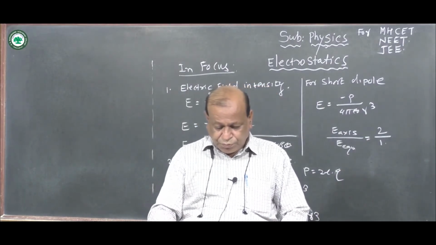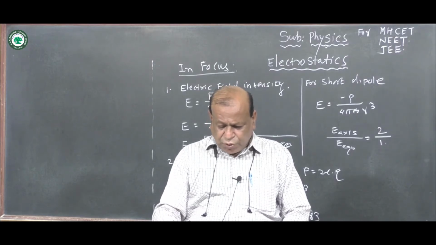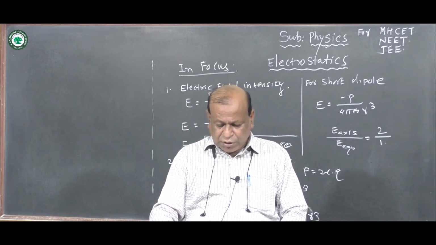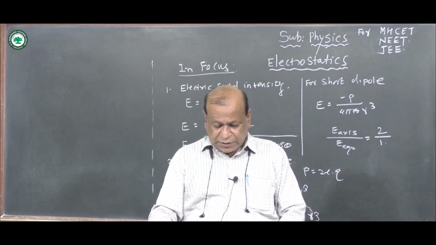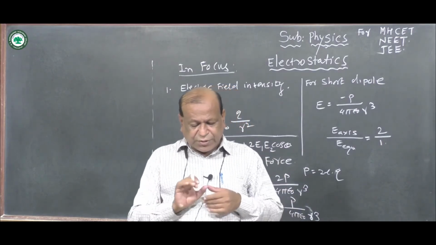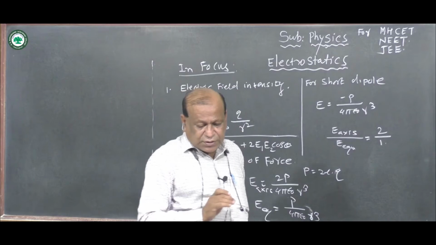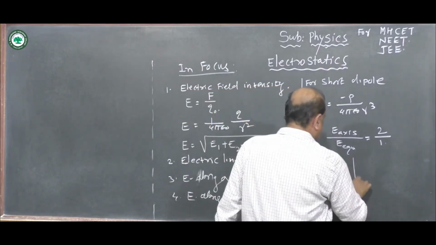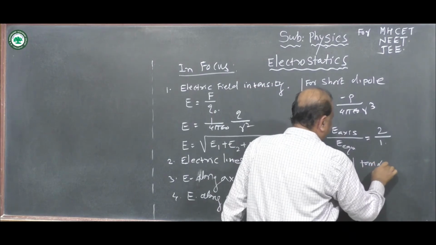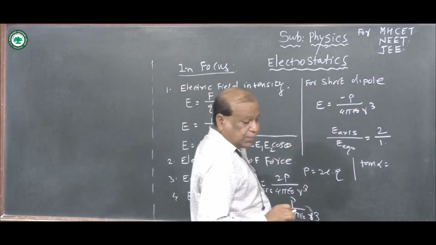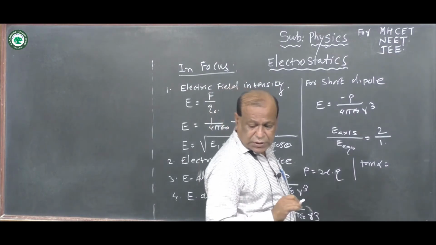Now we also write that for a short electric dipole, the direction of electric field is given by tan alpha is equal to 1/2 tan theta.